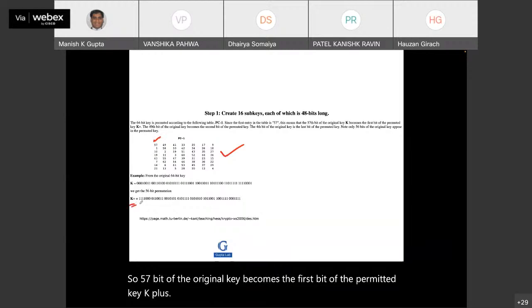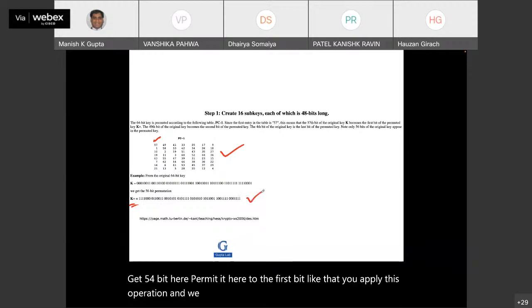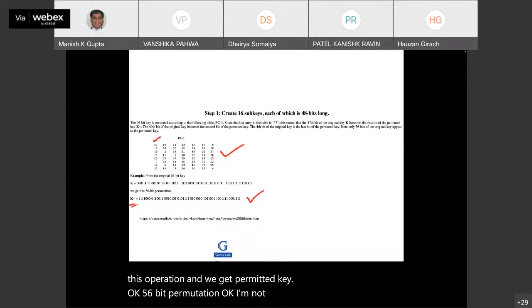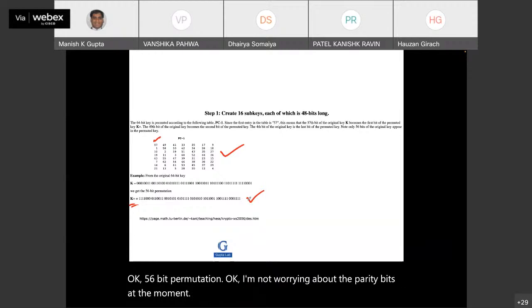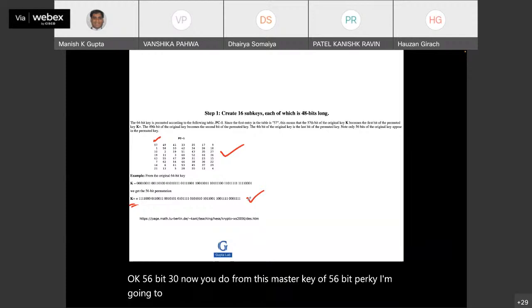Like that you apply this operation and we get the permuted key. It is a 56-bit permutation. I'm not worrying about the parity bits at the moment.